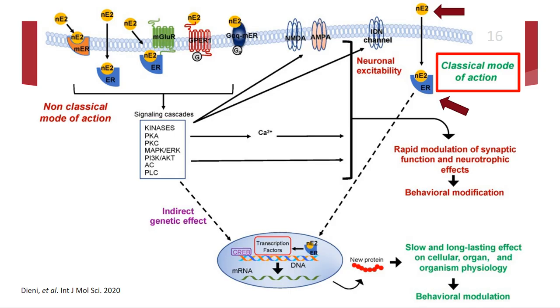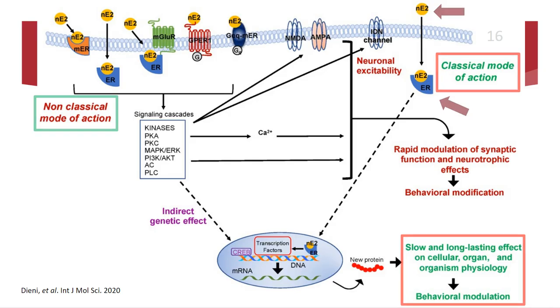This complex will then be transmitted to the nucleus where it participates in transcription of new genes and eventually new protein development. However, this classical mode of action is generally described as being slow acting, on the order of days and weeks, and producing long-lasting effects on biology.